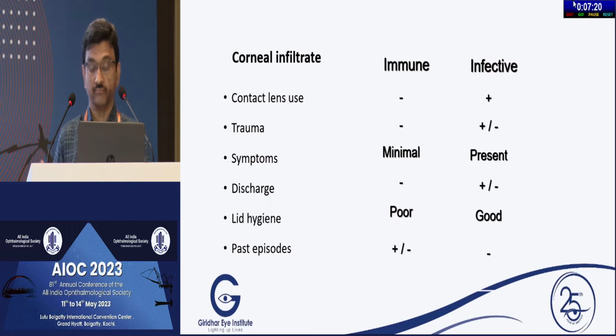So clinically, there might be some features that help you to differentiate immune keratitis from an infective keratitis, but this is not always true. In patients with contact lens and trauma, it is more likely to be infective rather than immune. Symptoms are supposedly minimal, discharge is practically not there in immune, and lid hygiene can be poor in immune keratitis.